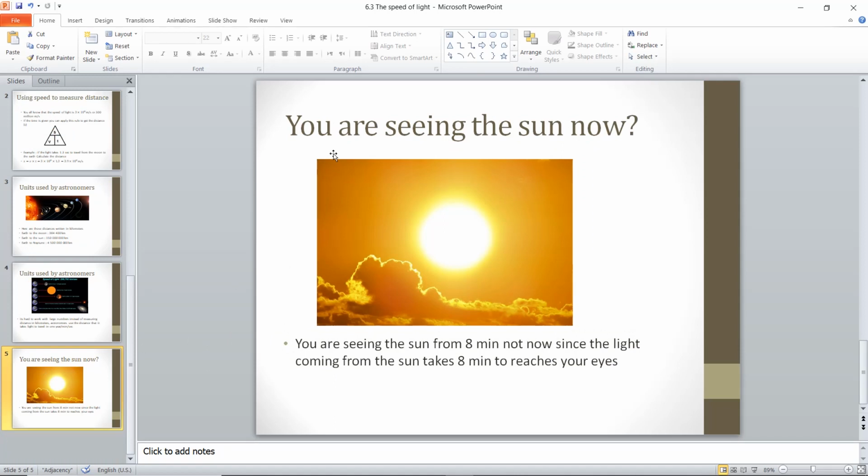Now, as a question, are you seeing the sun now? No, you are seeing the sun from 8 minutes ago, not now. Since the light coming from the sun takes 8 minutes to reach your eyes.